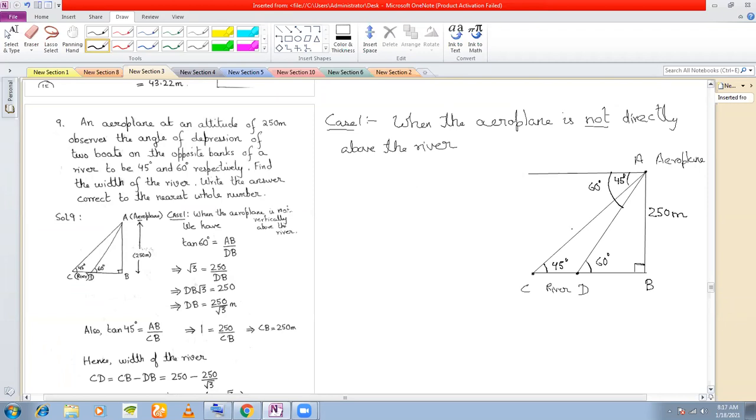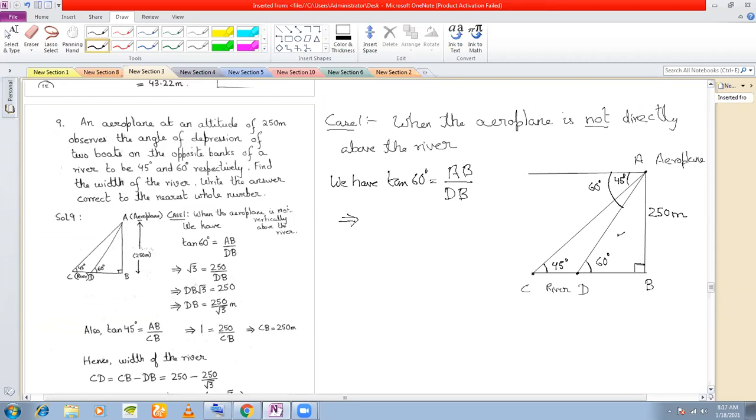How do you find out? First of all, you will find out DB and then you will find out CB. In order to find out DB, we will consider this right angle triangle, the smaller one. So we have tan 60 is equal to AB by DB.